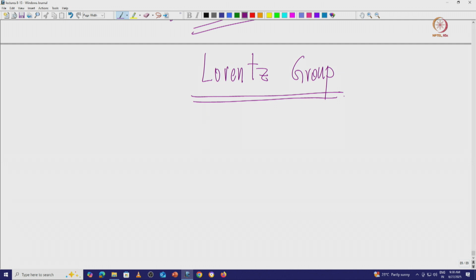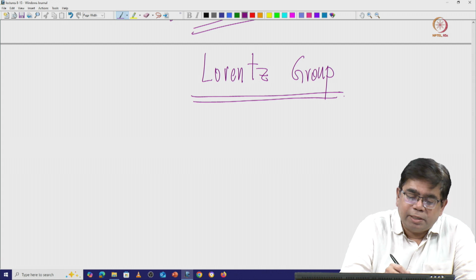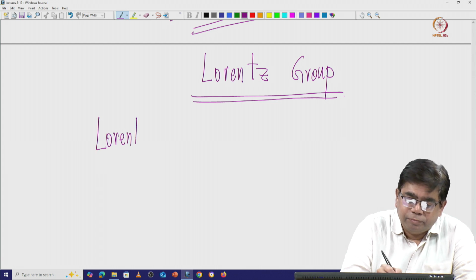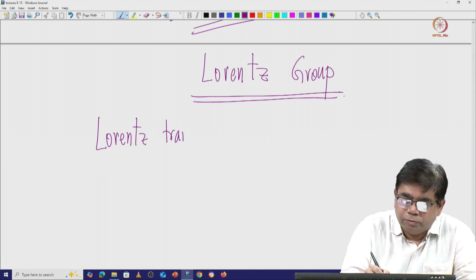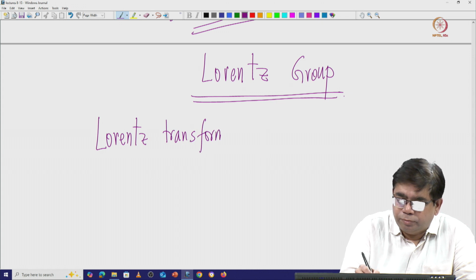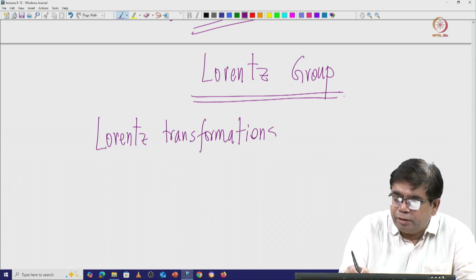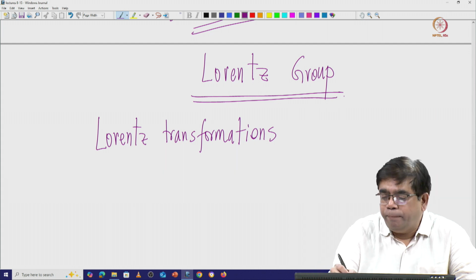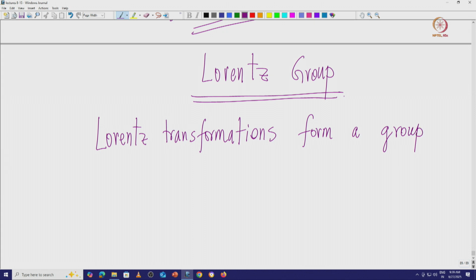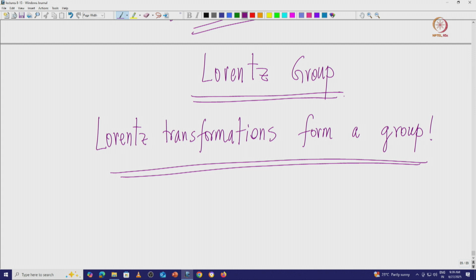The idea is basically this, that the set of Lorentz transformations forms a group. Okay, the set of Lorentz transformations forms a group. That's a basic idea, essentially, and that group is called the Lorentz group. That looks sort of obvious, but okay.